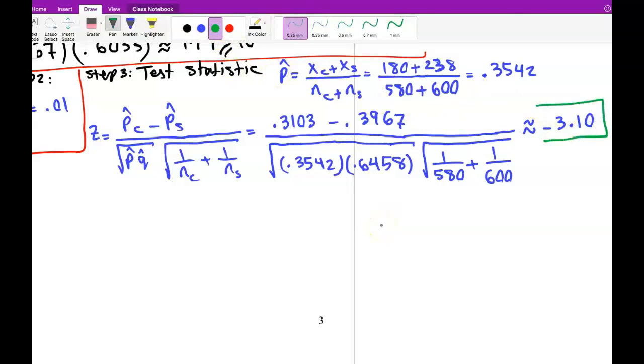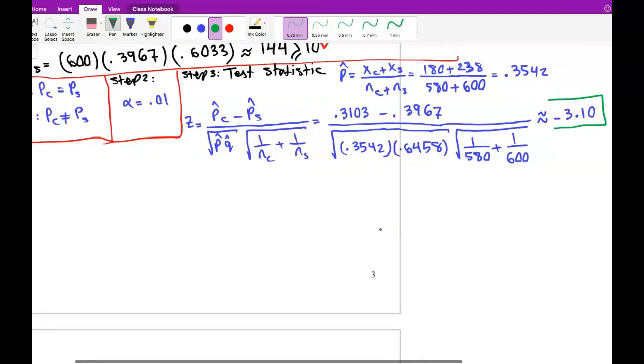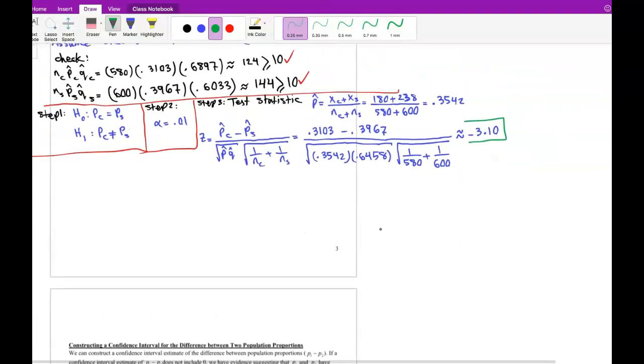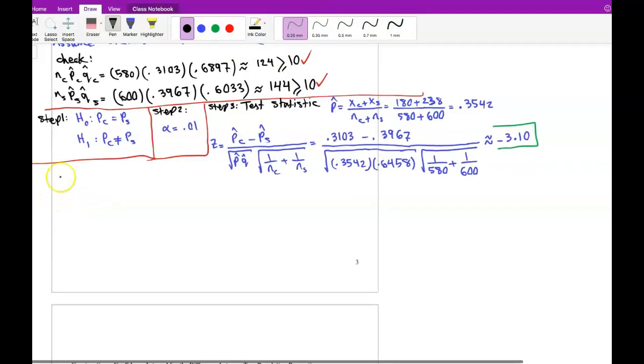Okay, so that was Z. Okay, now step 4. Finding p-value.